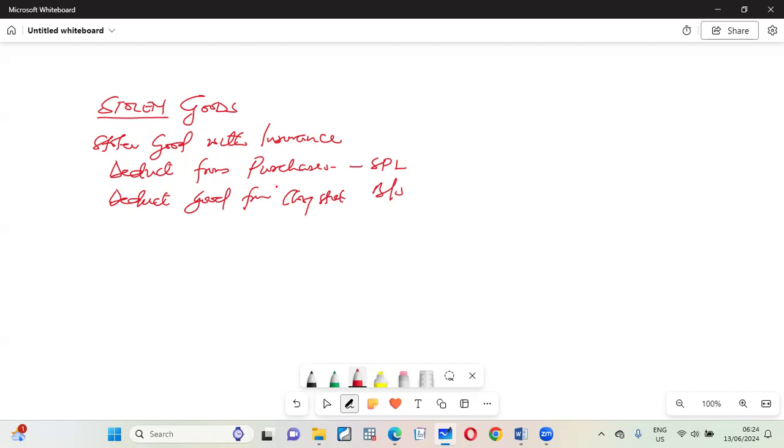Now, what if the goods are insured? If the goods were insured, then as you deduct it from your trading account, which is your purchases, the corresponding entry here will be a claim. When you say a claim, it means that you are telling the insurance company to pay you.